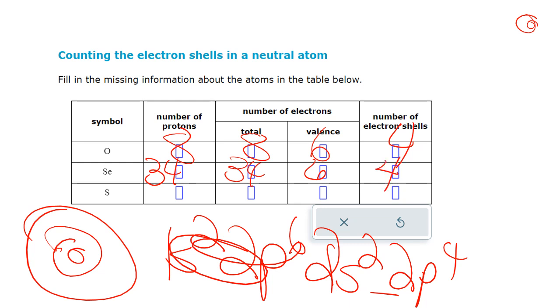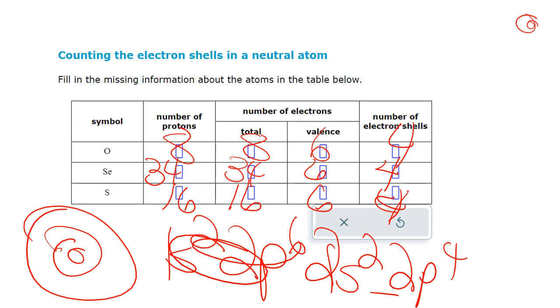Then we have sulfur, element 16, total electrons 16, valence electrons 6. Where does sulfur end? It is 3p4, so it has 3 shells. So all of them have 6 valence electrons.